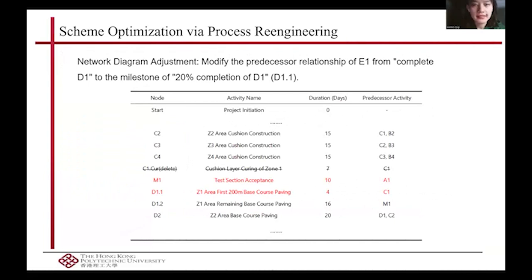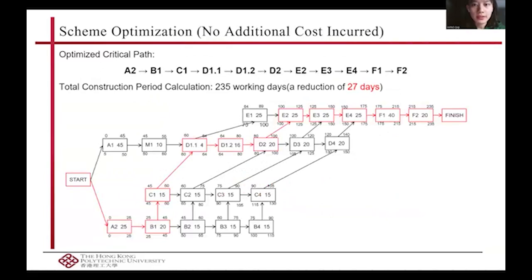As you can see, the 7-day cushion layer carrying task has been removed, and the activity Z2 area base course paving has been subdivided into 2 segments. This approach not only shortens the project duration by 27 days, but also incurs minimal additional cost.